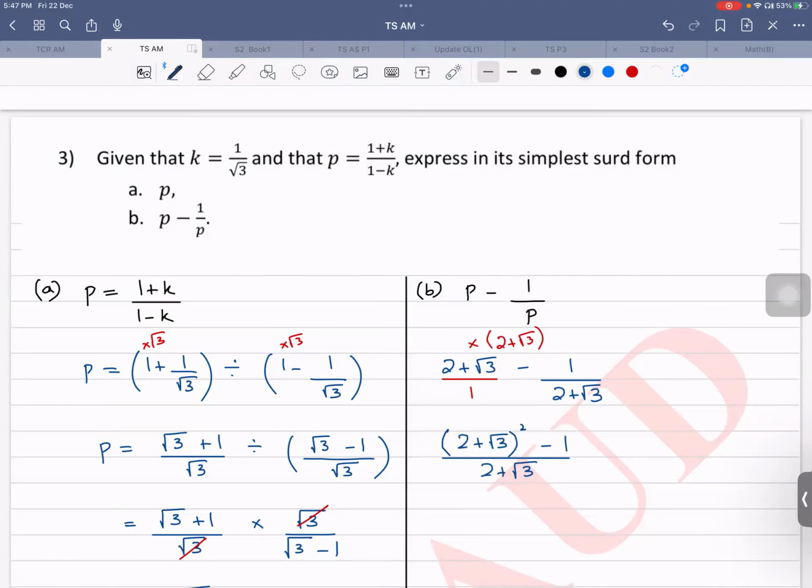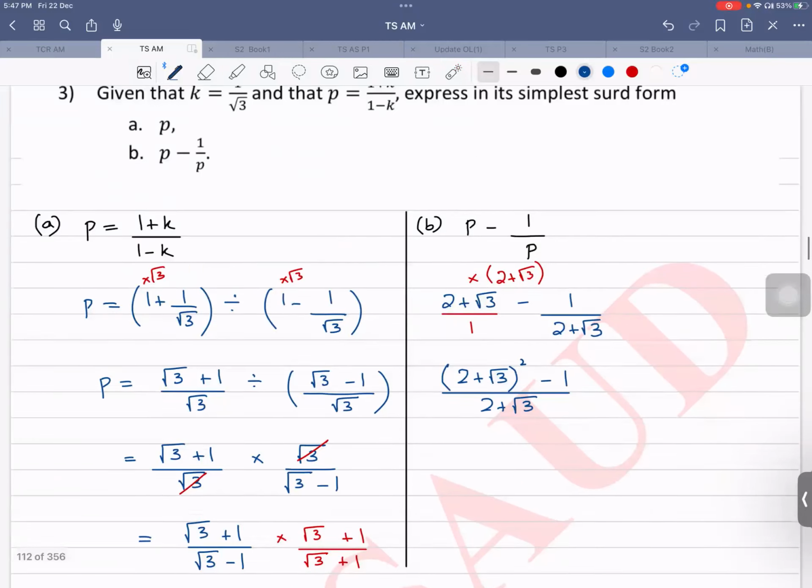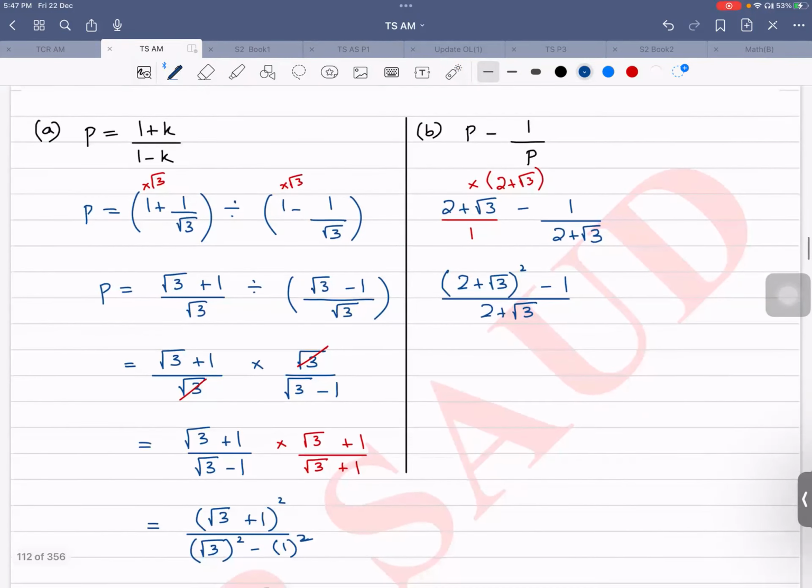Expand the bracket. a square plus 2ab plus b square and then minus 1.